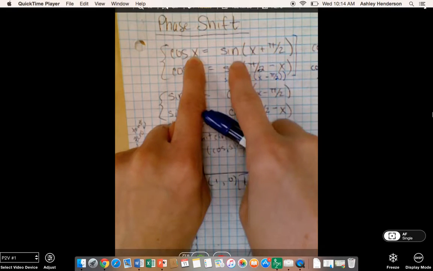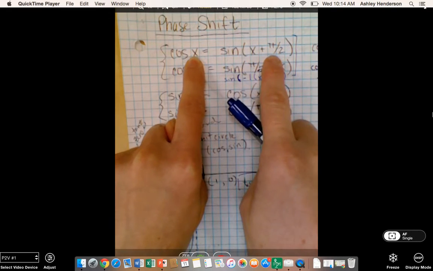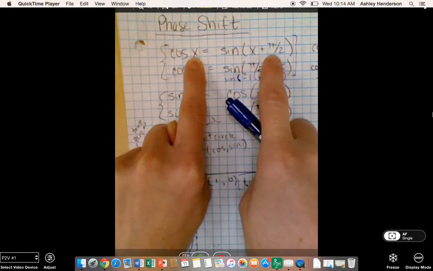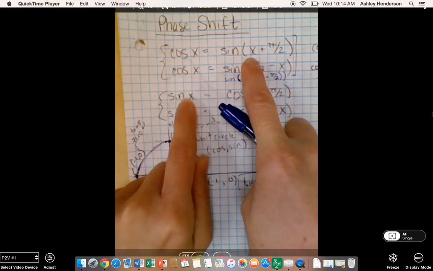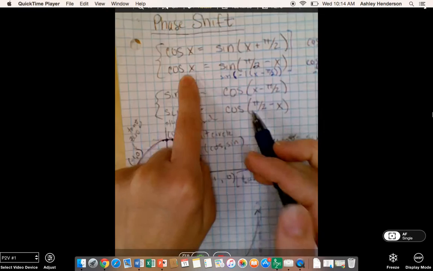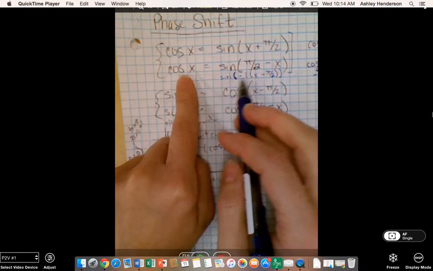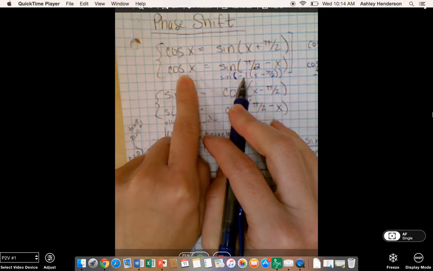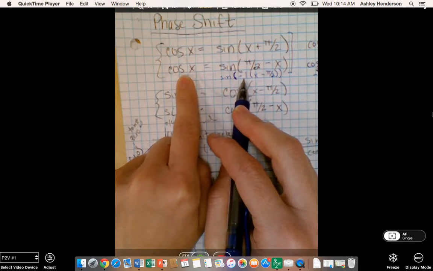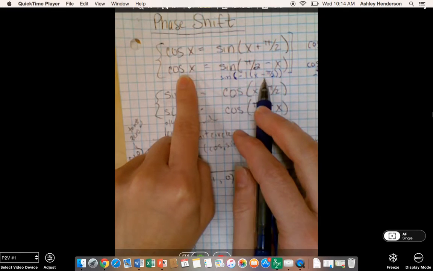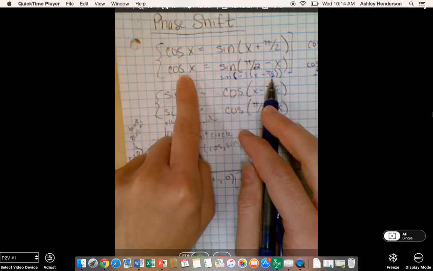So cosine of x is half of pi ahead of sine. You can also see that I flip my sign. So this would be a reflection over the y, and then x minus pi over 2, that's also going to give me the same graph.